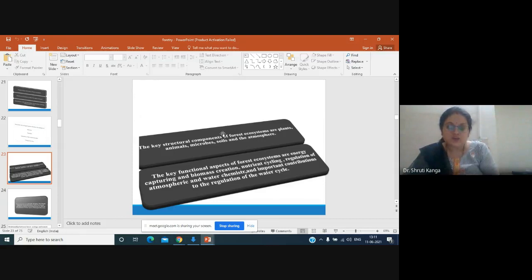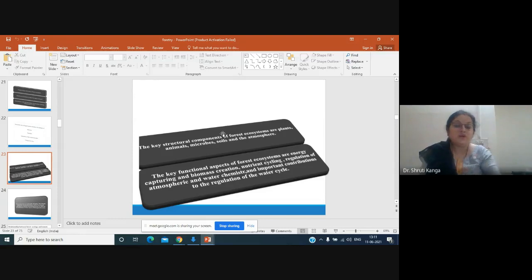Then the key function. After the key components, we must know about the key function aspects of forest ecosystem: the energy capturing and biomass creation, nutrient cycle, regulation of atmosphere, and the water chemistry, and important contributors to the regulation of the water cycle.